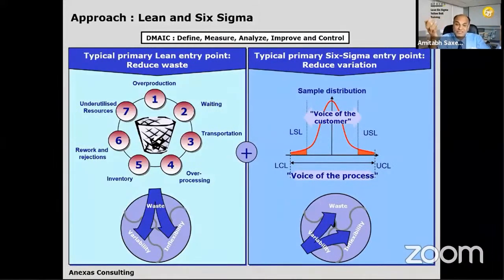There are regression equations in your operations. There are control limits of each and every machine, each and every process, each and every delivery process, each and every banking process. They exist, but we are not aware of it, and we manage without knowing all these things.